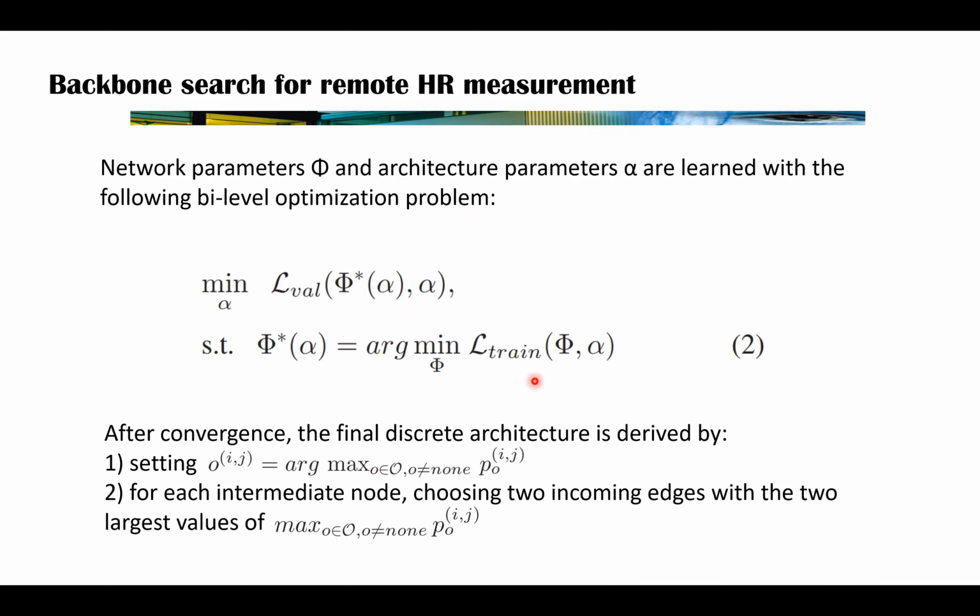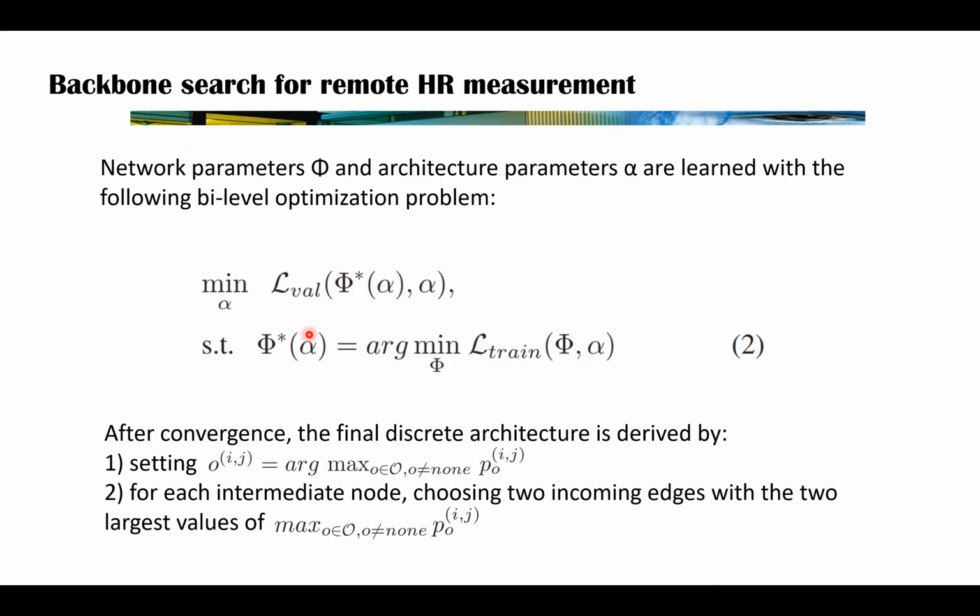First, we fix the architecture parameter. This is our goal, alpha, that we want to search. We fix it first and train the network parameters on the training set. After that, we fix the network parameters and update the architecture parameters on the validation set.